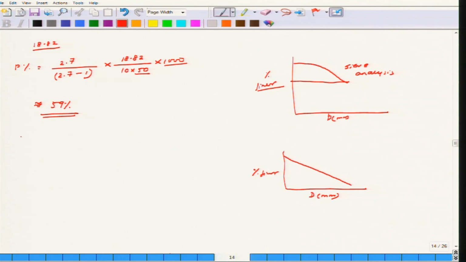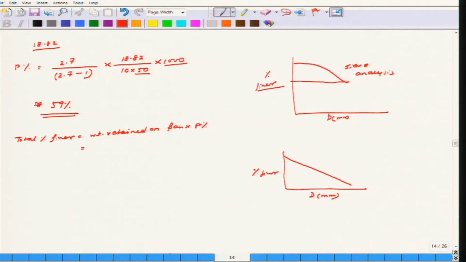So how do you connect the two parts? The total percentage finer is obtained as weight retained on pan into P percentage. Now what is the weight retained on pan?